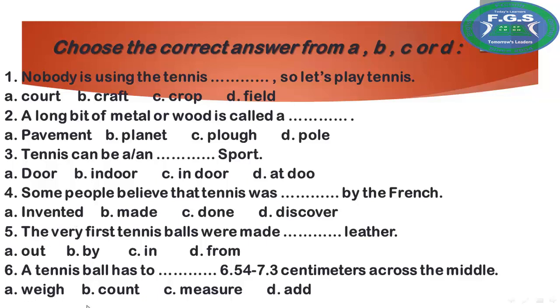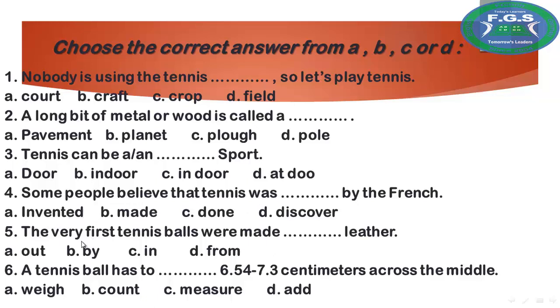But discover means to find something which was hidden, which was already existing on the earth or in our world, but nobody knew anything about it. When we find it, we discover it, so we know that thing. Some people believe that tennis was invented by the French.